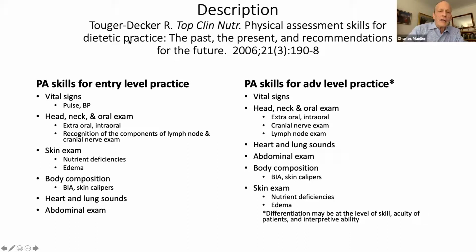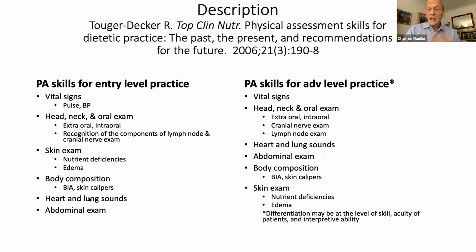Out at Rutgers, Dr. Touger-Decker's group has done a lot of work with the nutrition-focused physical exam, and it involves skills focusing on vital signs, head, neck, and oral exam, swallowing, skin exam, body composition, maybe heart and lung sounds, and definitely an abdominal exam. I used to do abdominal exams in the early and middle 1990s to evaluate when to start diets on people.